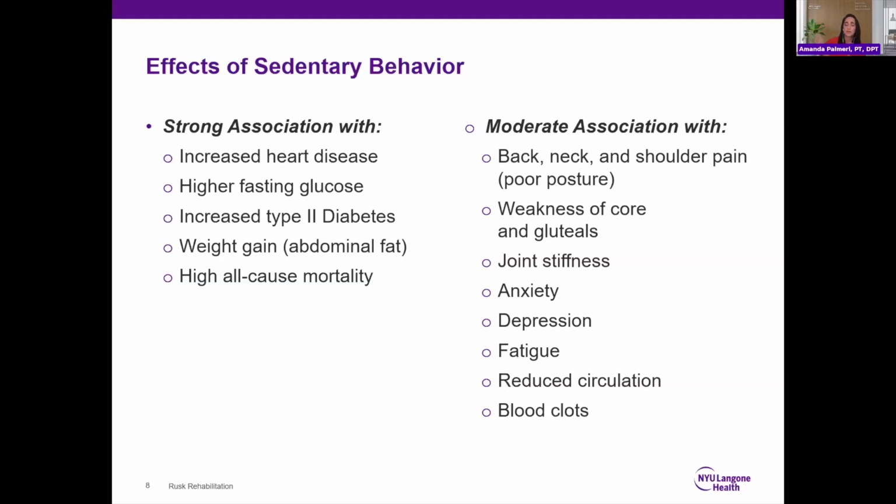And fatigue will come up because we know that that's something that can occur during and after cancer treatments. Reduced blood circulation, and that can lead to increased blood clots. And these can be things that can affect us both, let's say, during cancer treatments, if that's where we are now, but then also even afterward as well.